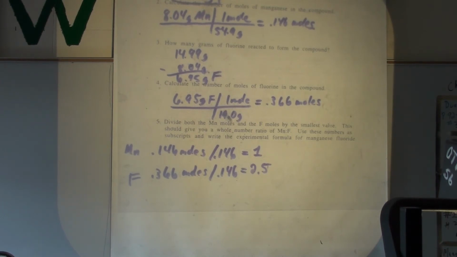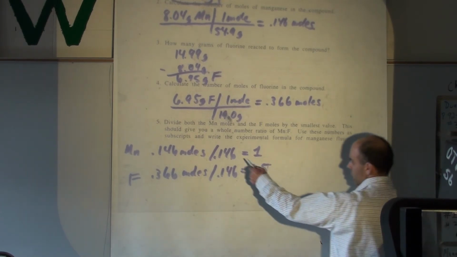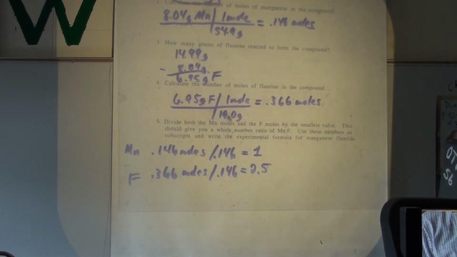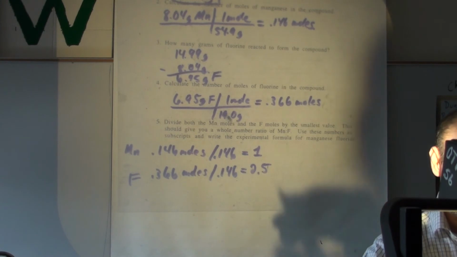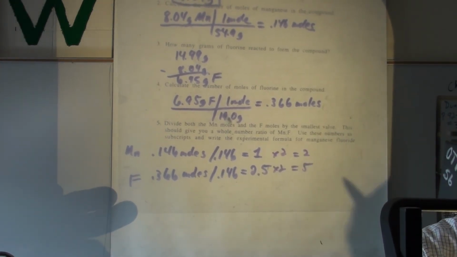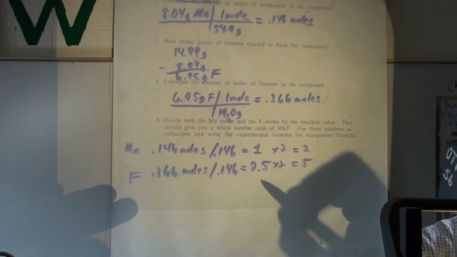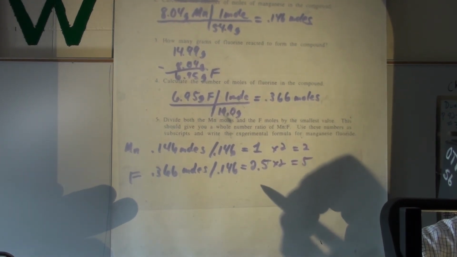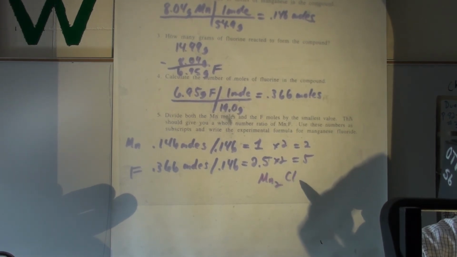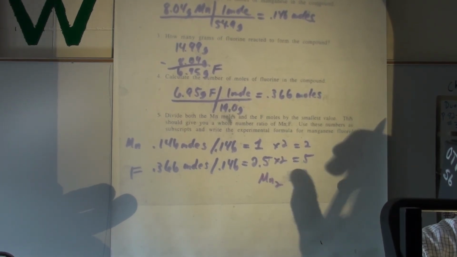So now what do I do after I divide by the smallest one if I still don't have whole numbers? Multiply both by 2. So then I get 2 and 5, and then my empirical formula would be Mn2F5.